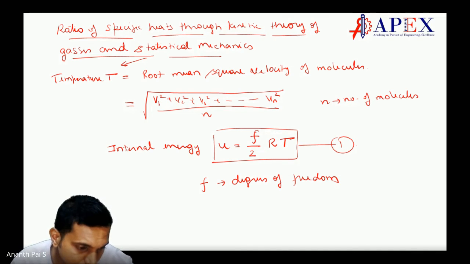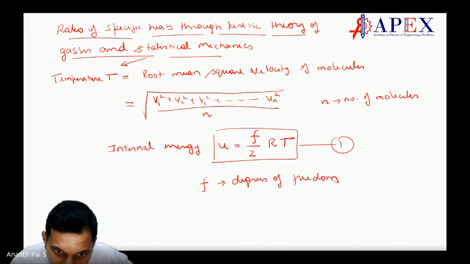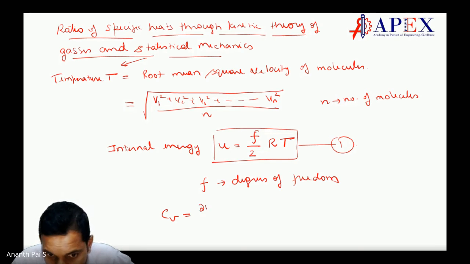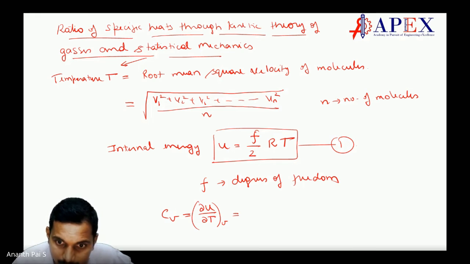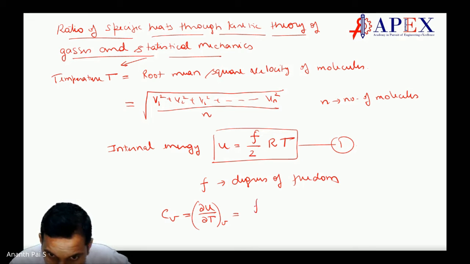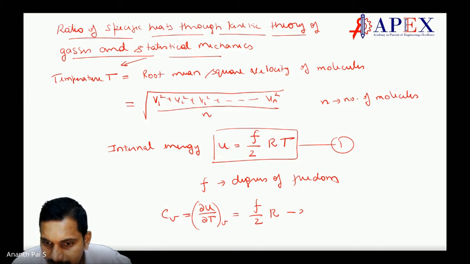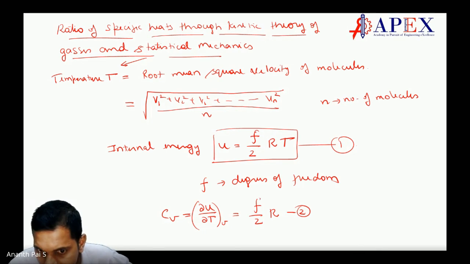And then we know Cv. What is Cv? Cv is nothing but dou U by dou T at constant specific volume, correct? So here this comes as F by 2 into R. Let us write it as equation 2. What is Cp? Let us do that later, in the next slide.